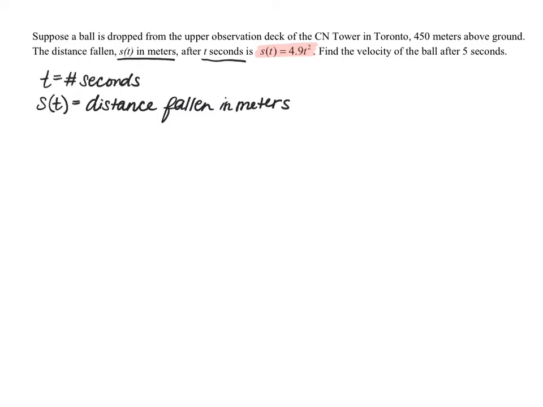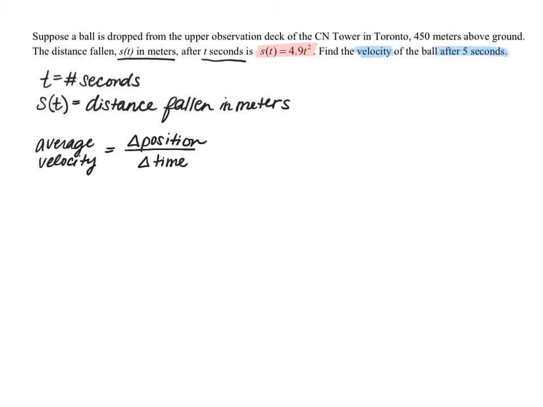It's a variable key. Now let's look at what we're being asked to find. Find the velocity of the ball after 5 seconds. We do need a little bit of background knowledge about velocity. In general, the average velocity of an object is the change in the object's position divided by the change in time.